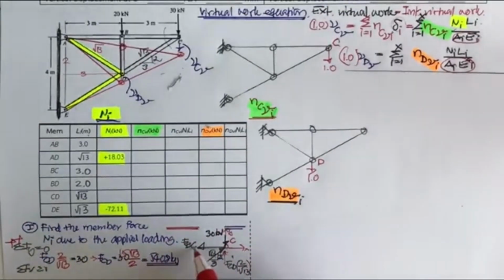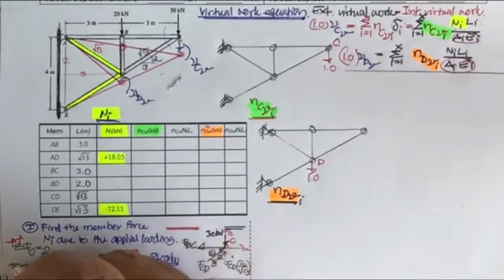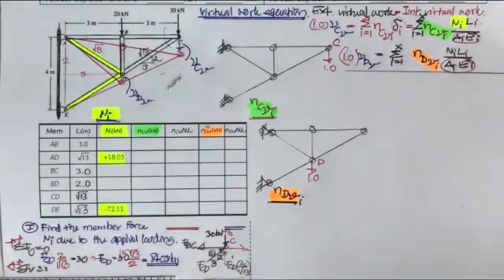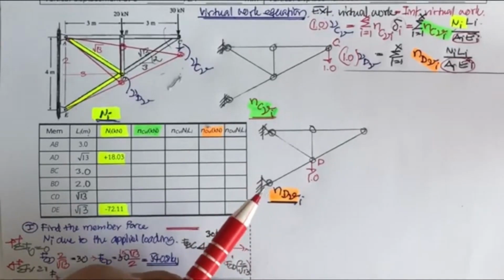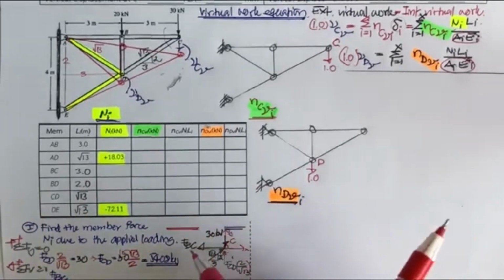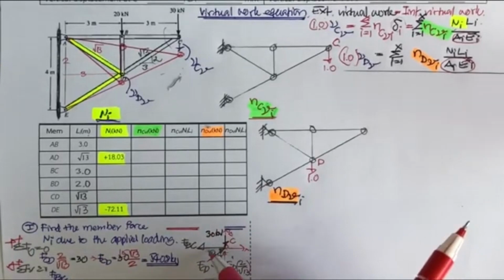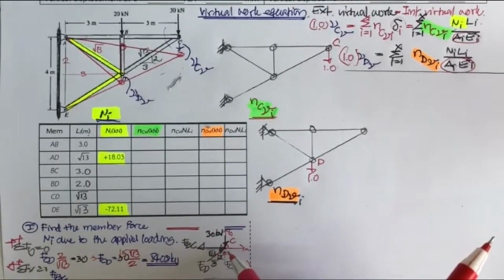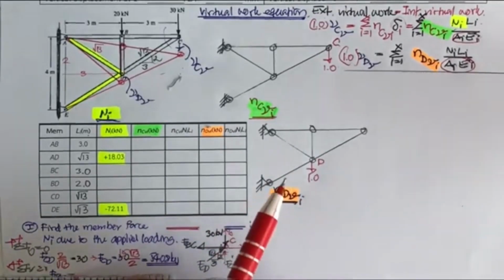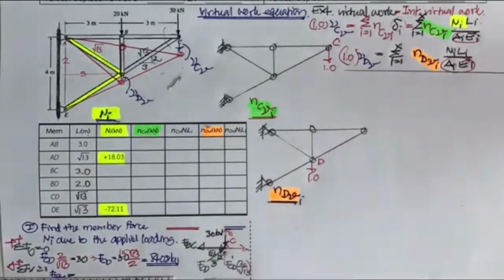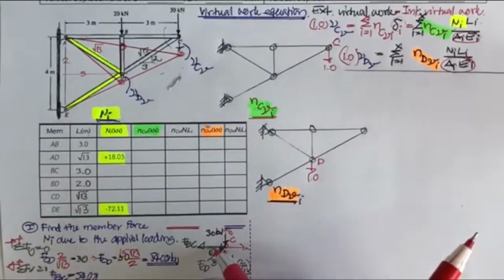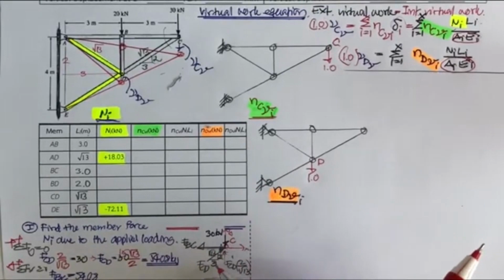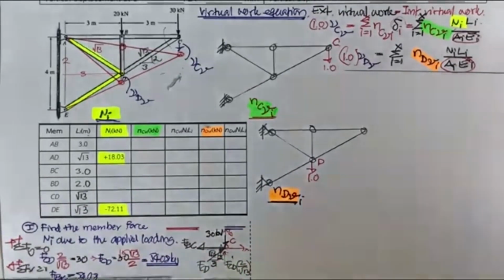Later you may use the summation of F sub x equal to 0. This time you're going to find F sub BC. So this is positive. Your F sub BC is going to take left, but this guy, when you take it, is going to be in this direction. So it's going to be equal to 54.08 and then projected into the horizontal, times 3 divided by square root 13.